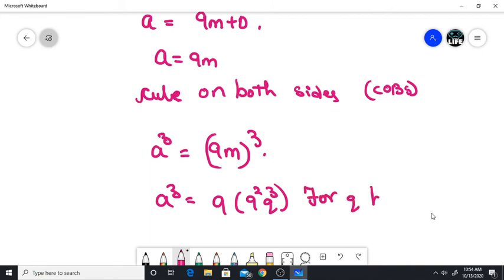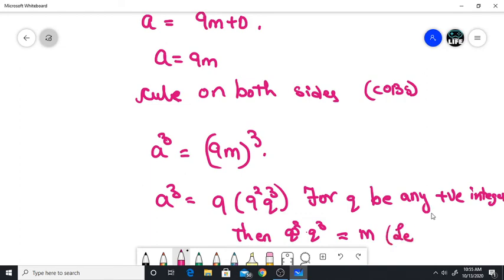For q any positive integer, then p square q cube equals m. Let's say, okay, I'll tell you again.